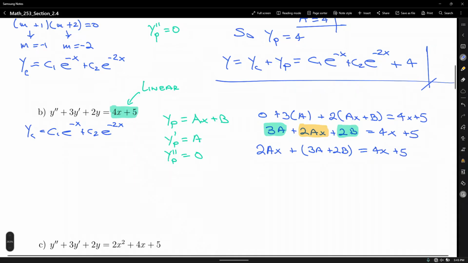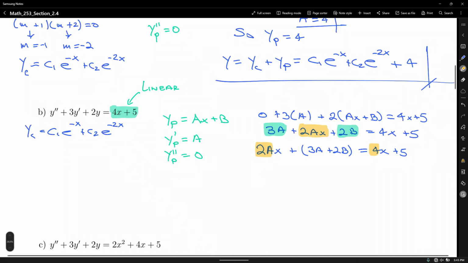To determine the values of these coefficients, I'm going to equate the coefficients by powers. Check this out. I'm going to use the same colors. Whatever is multiplying x to the first power on the left-hand side, set it equal to whatever multiplies x to the first power on the right-hand side.